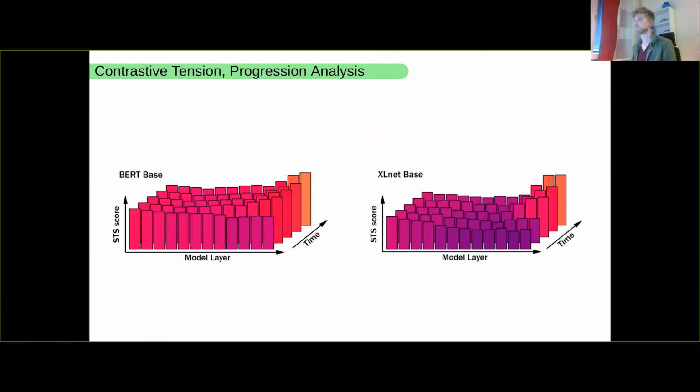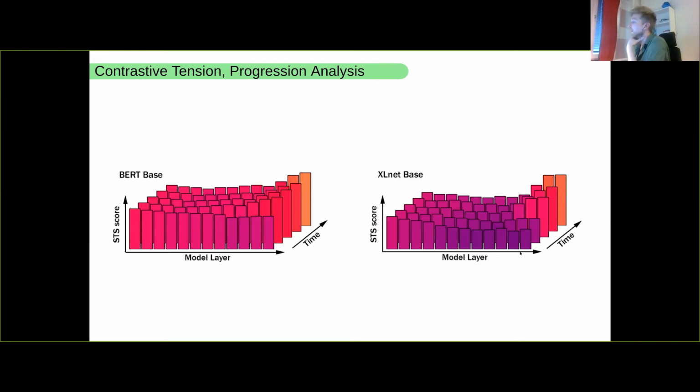All right, moving on. As we apply CT, we see a similar end result as we would expect with S-BERT and all that. We see that it's mainly the latter layers of the model that are affected by this. I suppose it's more obvious when you look at the XLNet base, which performs completely horribly before we apply this.